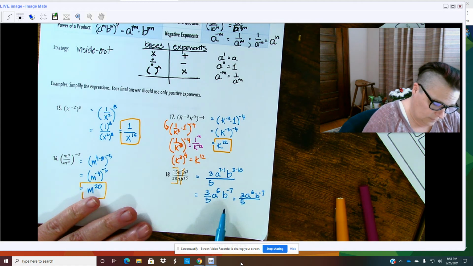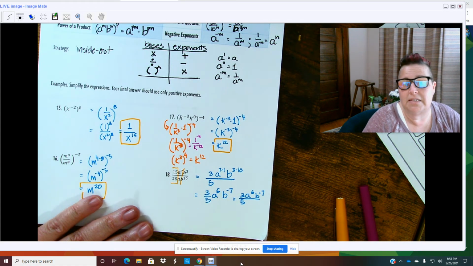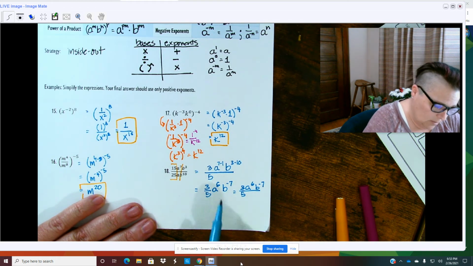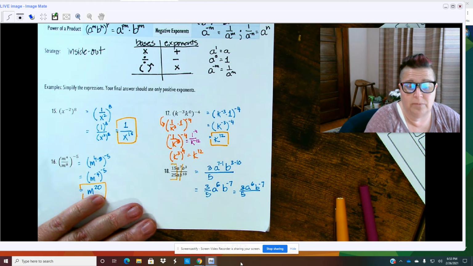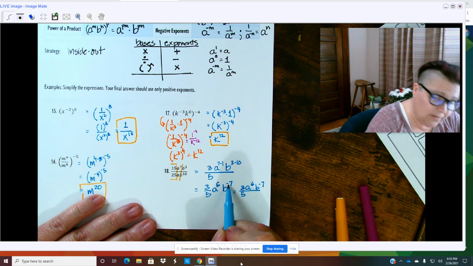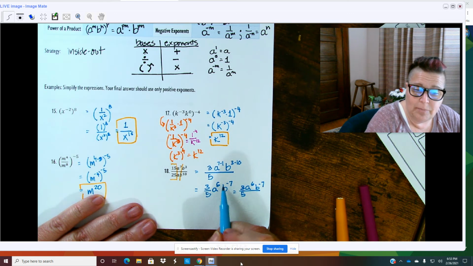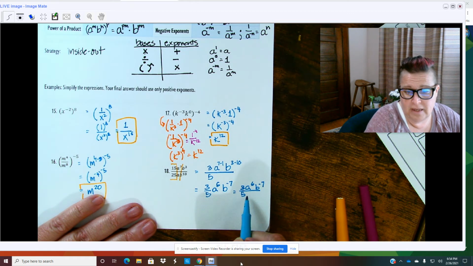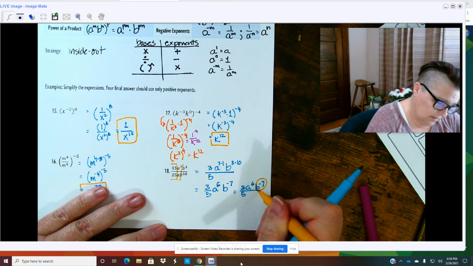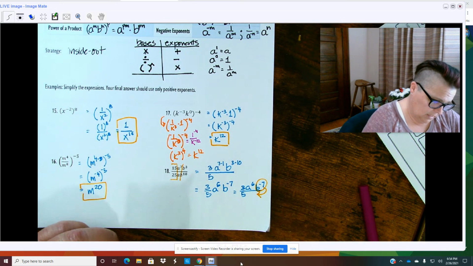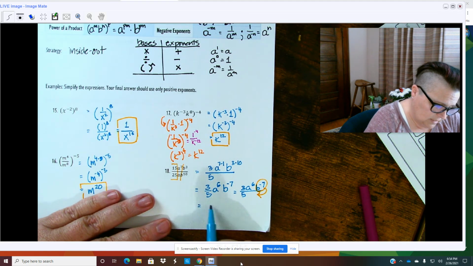Now, I cannot multiply the a and b together. They are not like bases. But I do have a negative exponent, and they want only positive exponents. So this negative exponent has to kick its base down to the denominator. So this is going to give me 3a to the 6th.